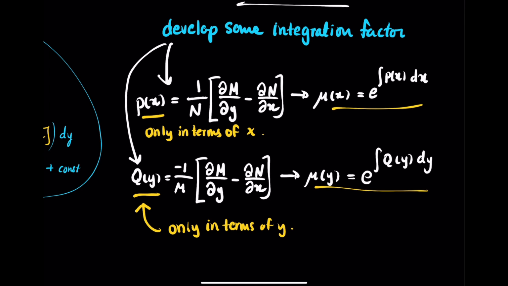Okay, so you have to test both. Try both, and then one of them will be only in terms of x or only in terms of y, and that's the one you pick. And then from there you put it into these mu's here, and that's your integrating factor.